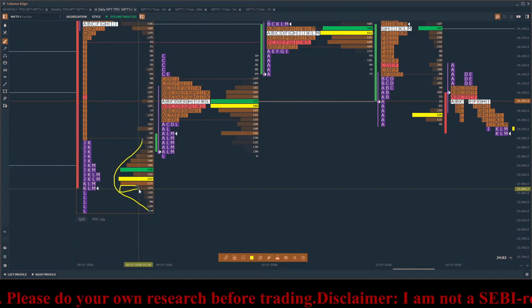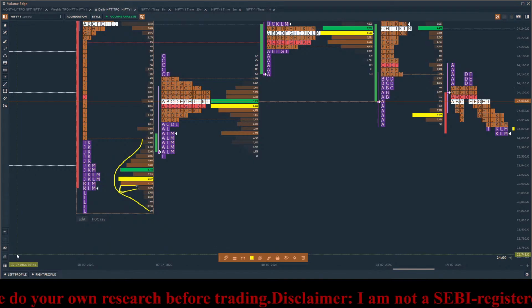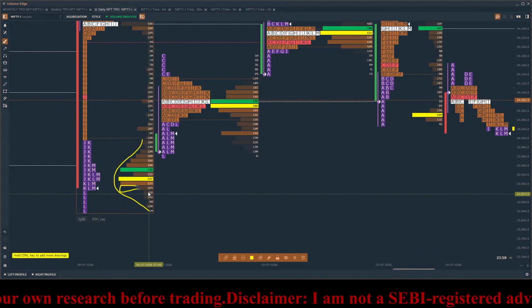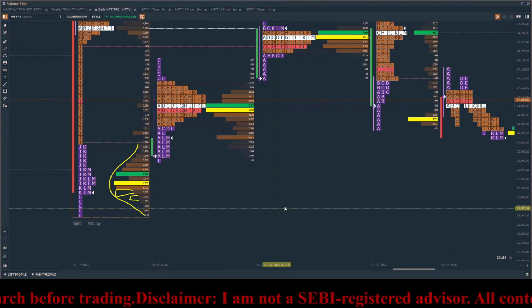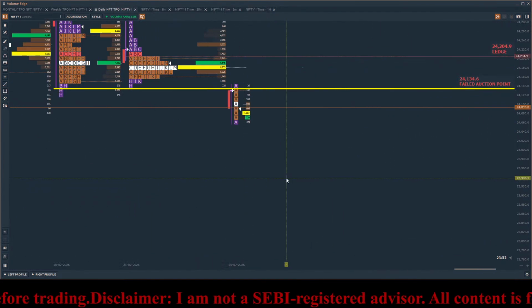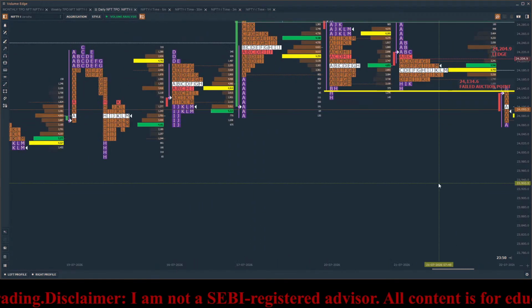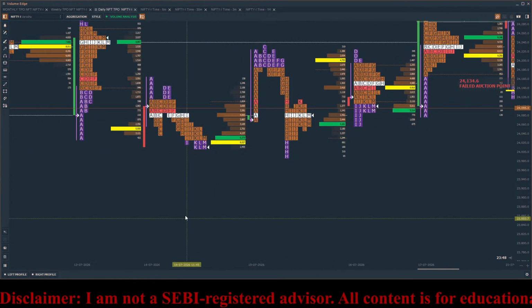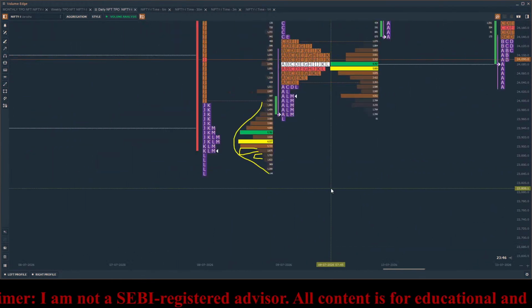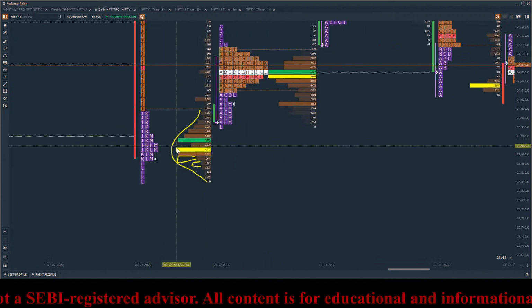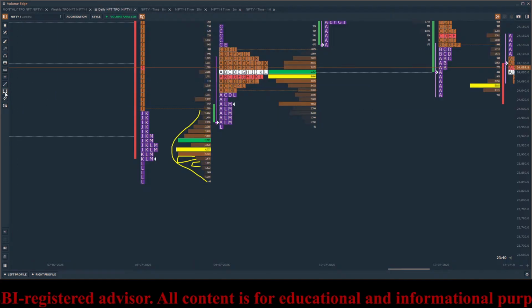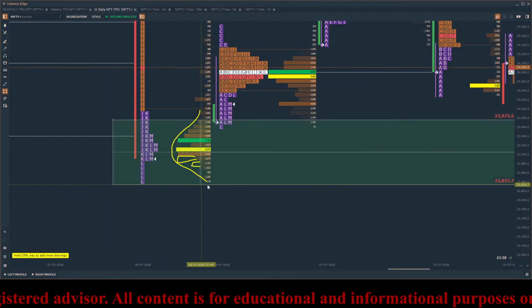This area has to fill. This area also has to fill, and this area has to fill. So this is exactly what is going to happen if the market moves in a downward direction. And if you are seeing all these areas, here we can see some balance. So this area, I can show you this area.